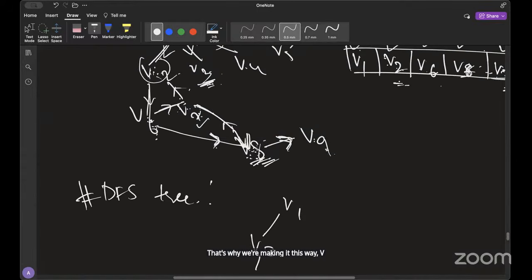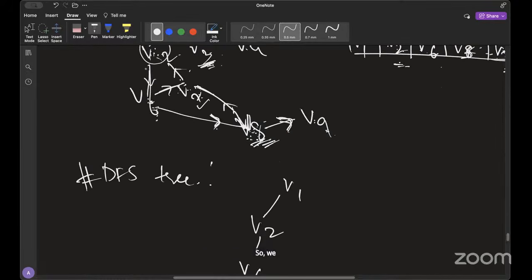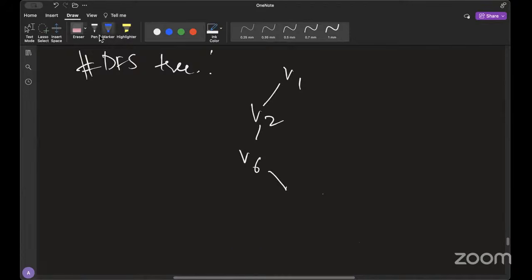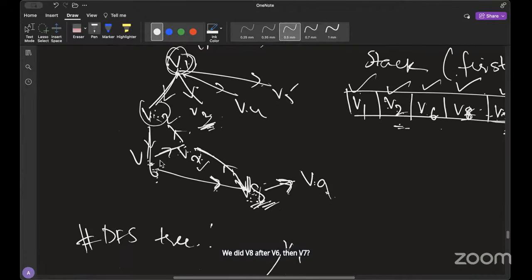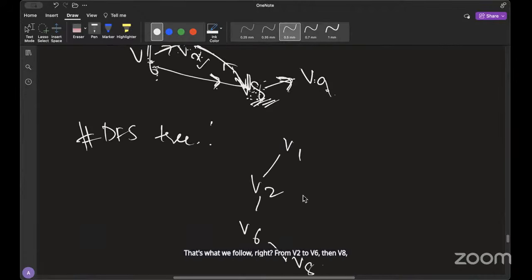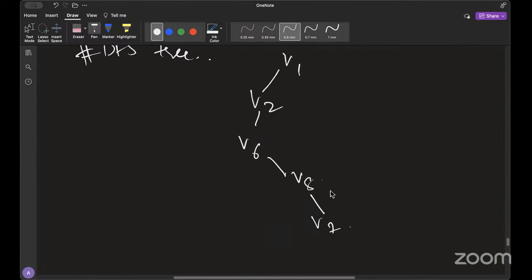V7 to V8. Sorry, we did V8 first, right? Yeah, we did V8 after V6, then V7. That's what we followed, right? From V2 to V6, then V8, then V7, then trace back to V8. Then V9 here.